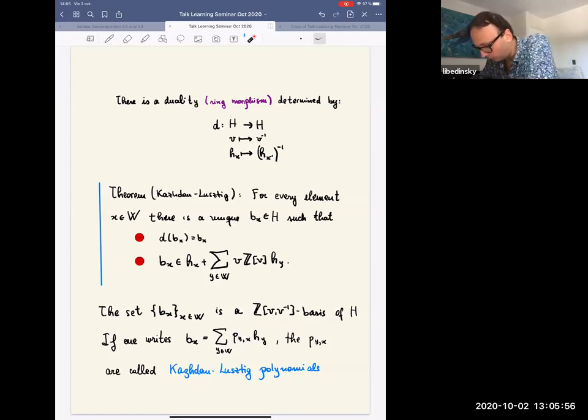If one writes this decomposition again with polynomials, these coefficients are the Kazhdan-Lusztig polynomials. So the Kazhdan-Lusztig polynomials are the change of basis polynomials between the canonical basis, or Kazhdan-Lusztig basis, and the standard basis.